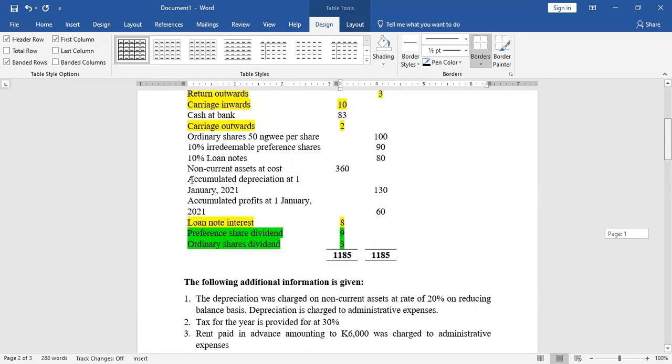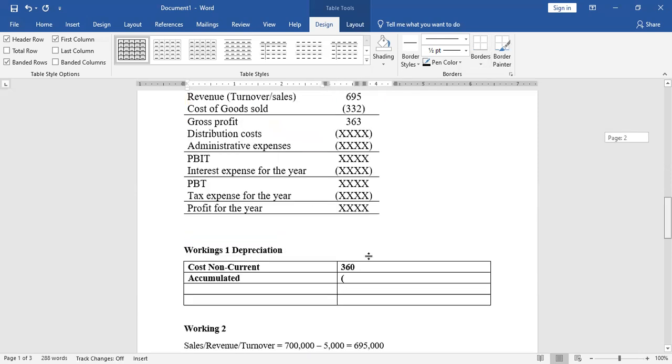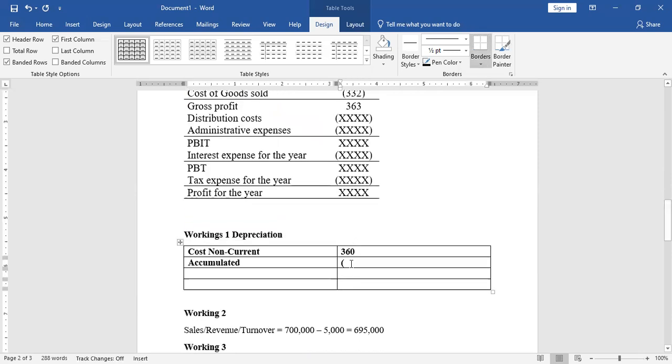Accumulated depreciation as at 1st January was 130. So 360 minus 130, I have 230. 230 is the book value of the asset at the beginning of the year, 1st January 2021.